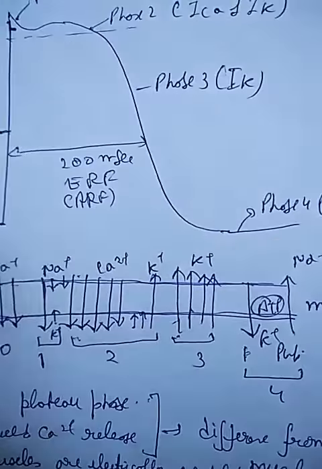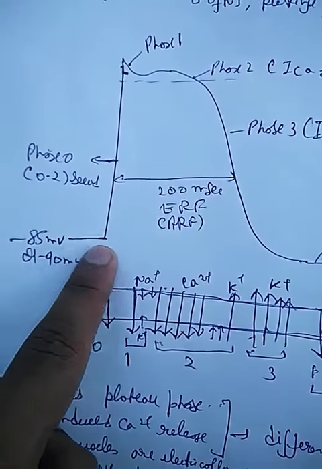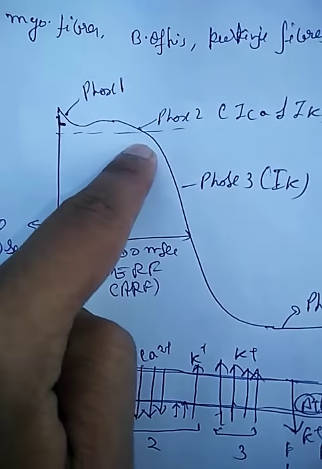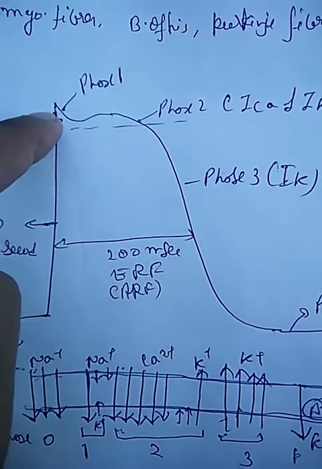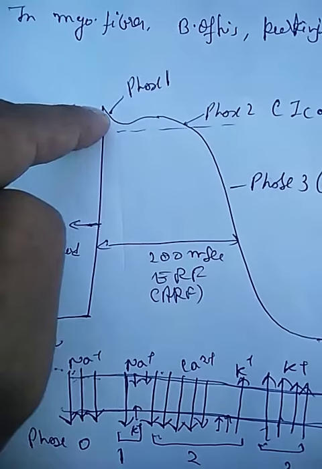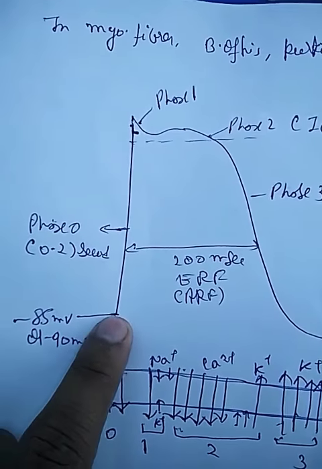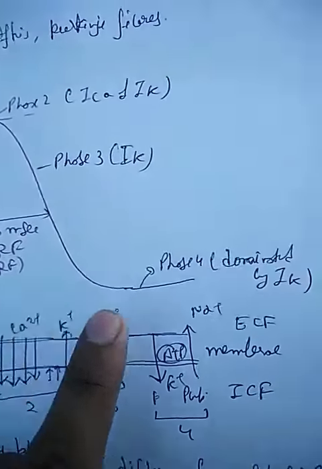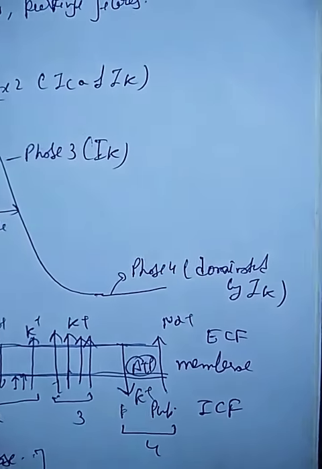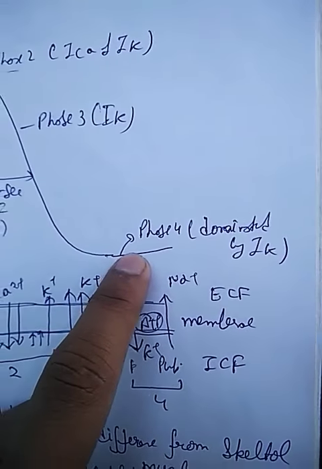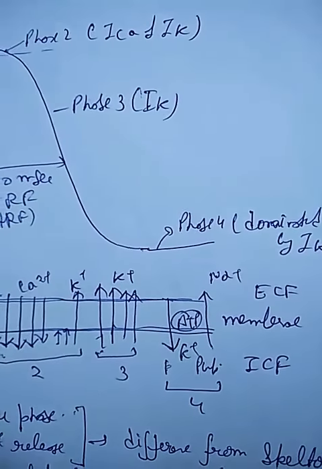See, phase 4 is there and we have started phase 4 here. Both is phase 4. Okay, this line is phase 0 and this dotted line is 0 potential. Okay, this is plus 20 to plus 30 millivolt. This is 0 millivolt and this is minus 85 to minus 90 millivolt. So what is there in phase 4? In phase 4 again the resting membrane potential has been attained via the ATPase pump.